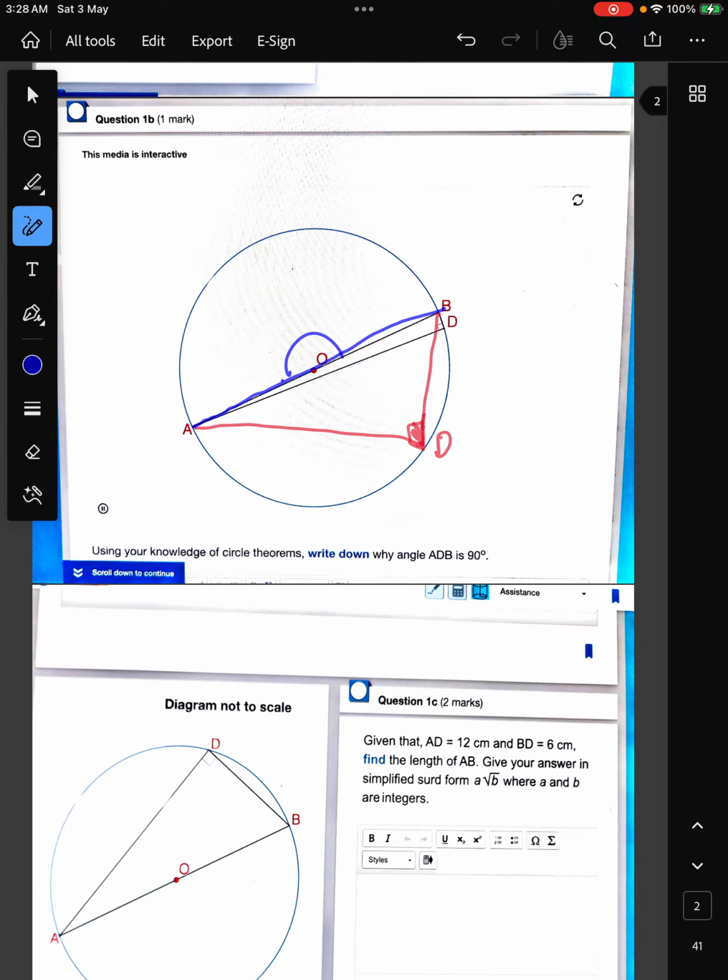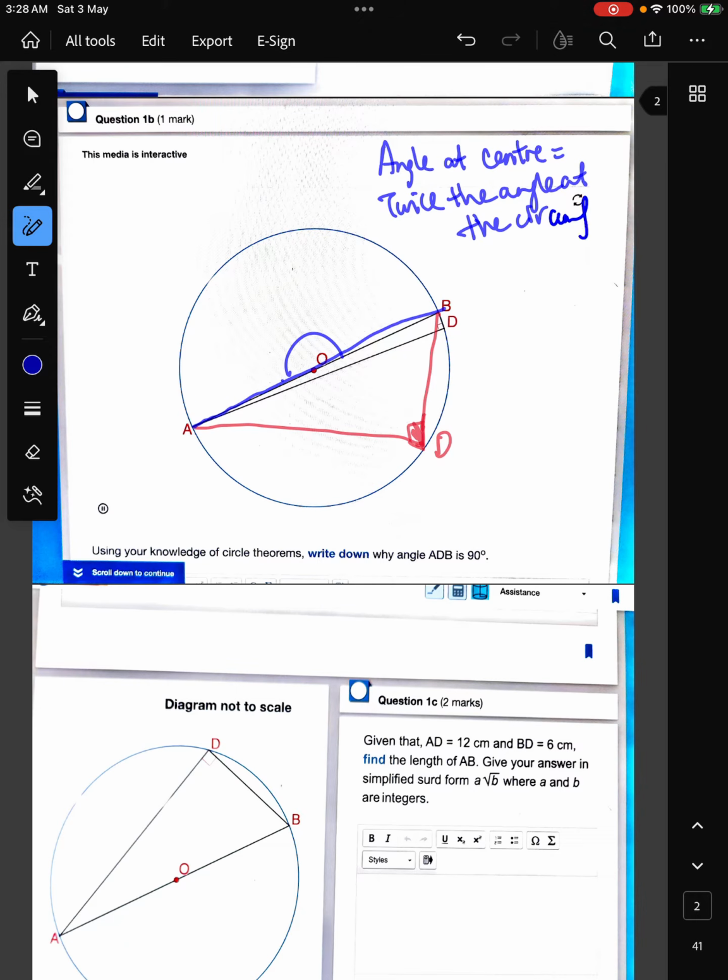So we know that there is a circle theorem that the angle at the center is equal to twice the angle at the circumference.